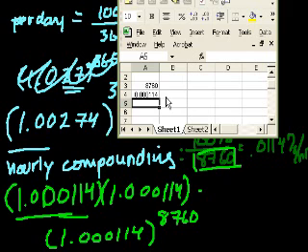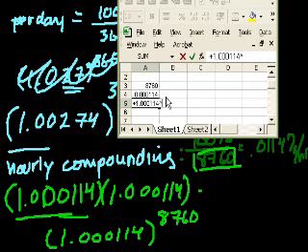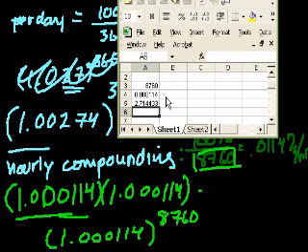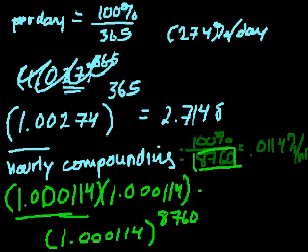So if I do plus 1.000114 to the 8,760th power, 2.71443.